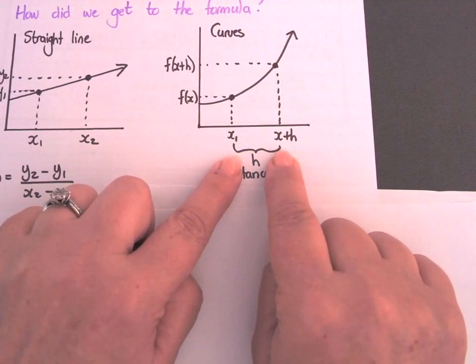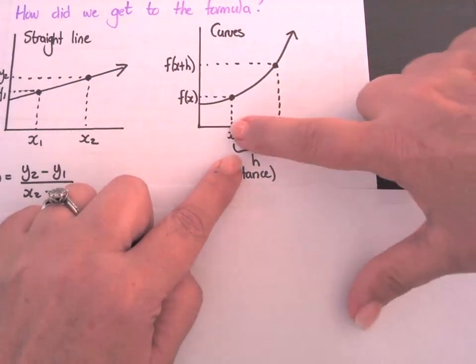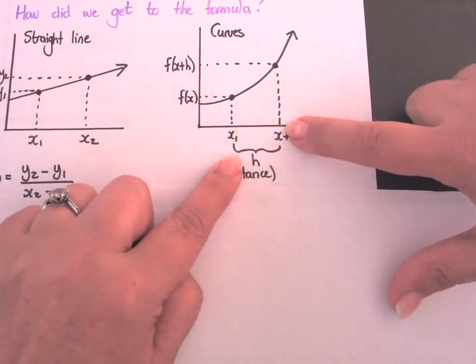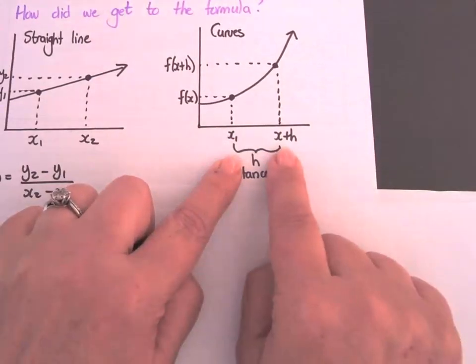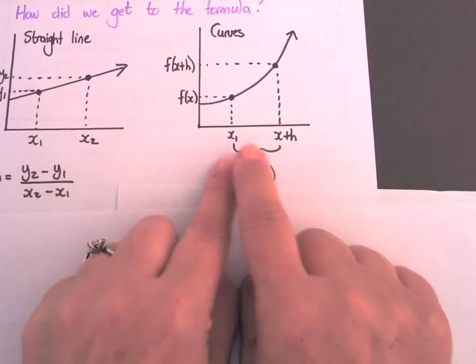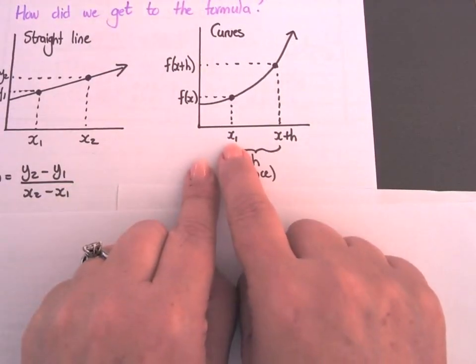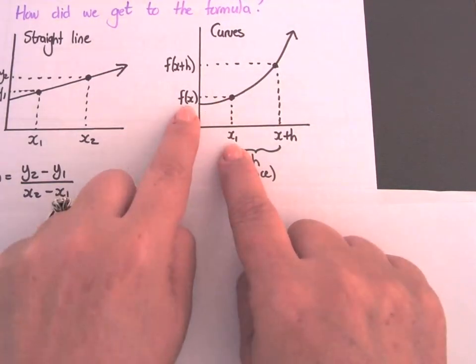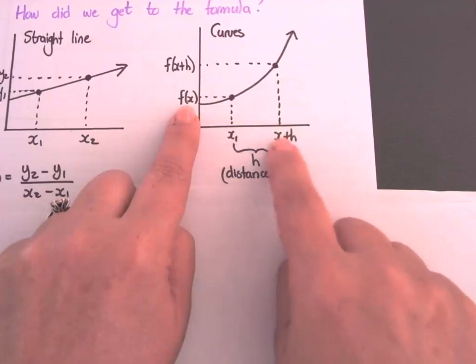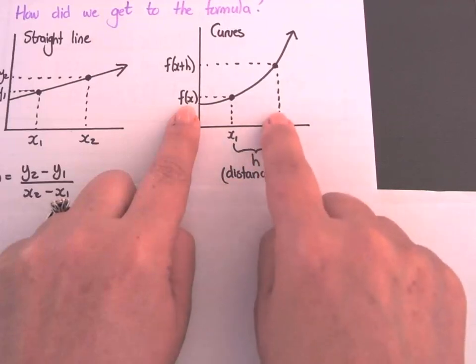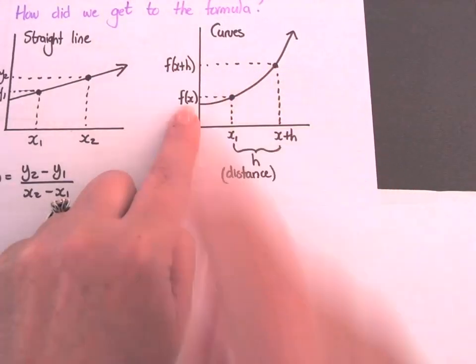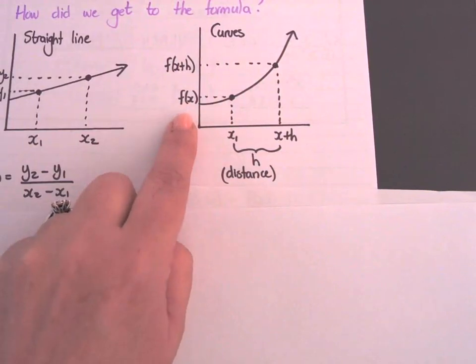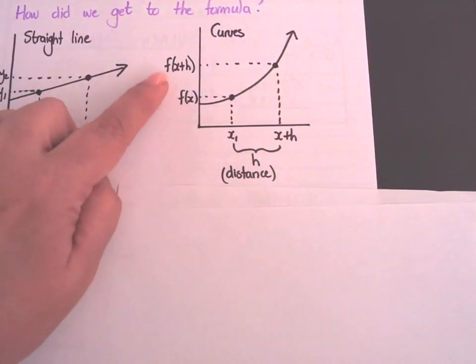So all follow? It's h further on down the number line. And to get the y values, we said, let's substitute this x value into the function to get the y. And let's substitute this x value into the function to get the other y. Do you all follow this notation?